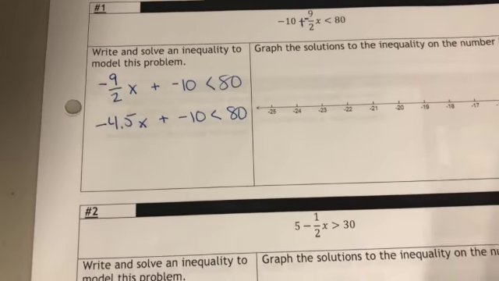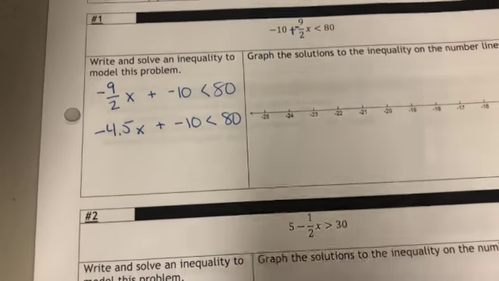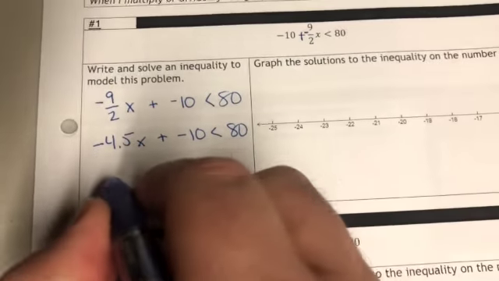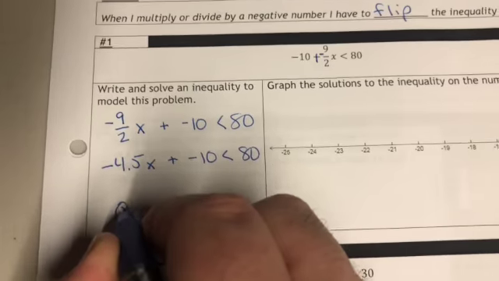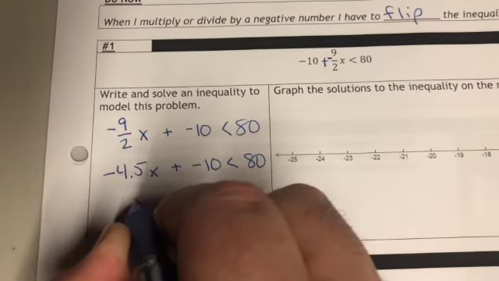And at this point, if you are a flowchart person or a balancer, go ahead and do one of those two things. I'll show you what the flowchart is going to look like for this example.